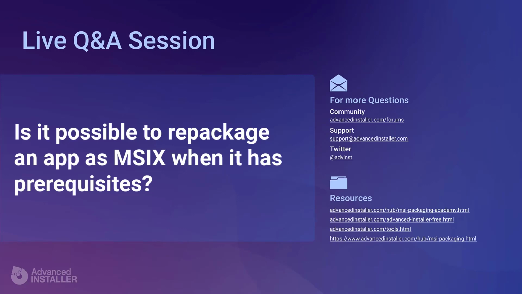That's a very good question, Jay, and we've had discussions internally and with some customers. And there are multiple options here. So the best option is that if you have a prerequisite which you know is also available as an MSIX package, to declare that as a dependency in the package. So in Advanced Installer, and probably in other packaging tools, there's an option to define MSIX dependencies in your package.